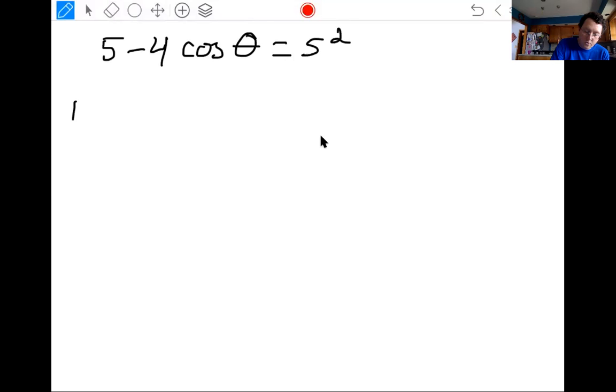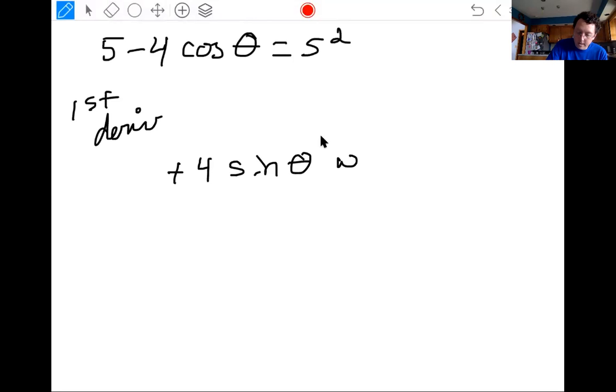So first derivative. The first derivative is going to give me 4 sine theta times theta dot, which I'll call omega, must equal 2s s dot.